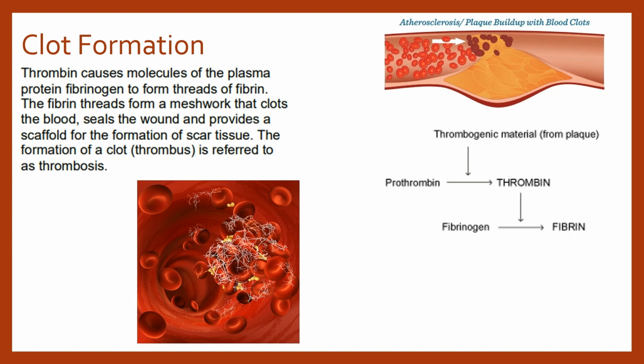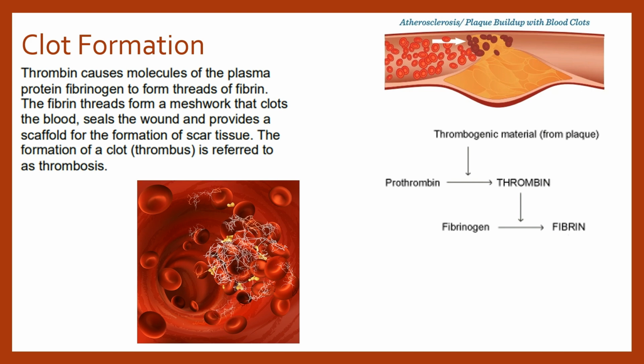So all the other cells can accumulate together, seal up the wound, and we've got the blood clotting to prevent blood loss. So the formation of a clot is thrombosis, and the clot is referred to as a thrombus.